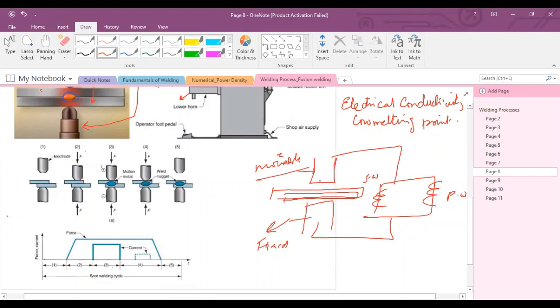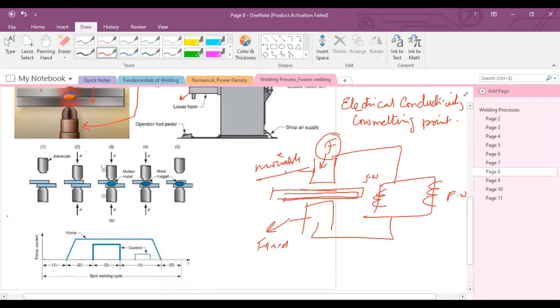When the movable electrode comes in contact with the base metal surface, by virtue of the force F, this force will create a mechanical pressure over the surface of the base metal, and this mechanical pressure is required during the welding.